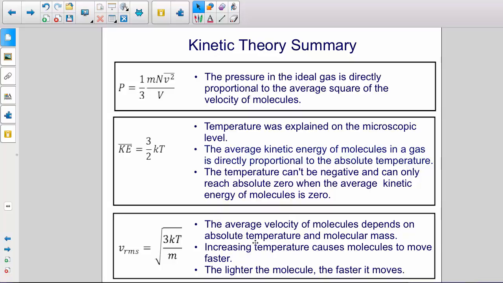It tells us that the average velocity of molecules depends on absolute temperature again, and it depends on molecular mass. It tells us that by increasing the temperature, the molecules move faster. Or conversely, the fact that the molecules are moving faster tells us that the temperature has increased. And the lighter the molecule, the faster it moves.